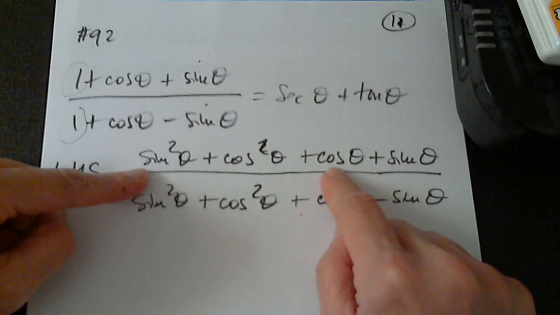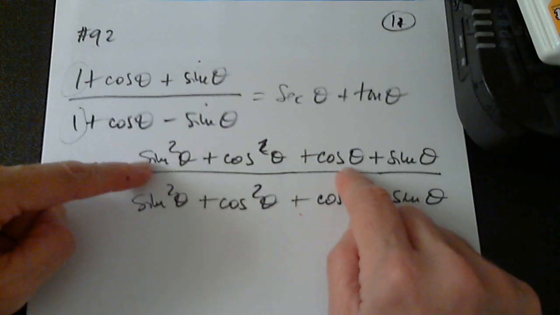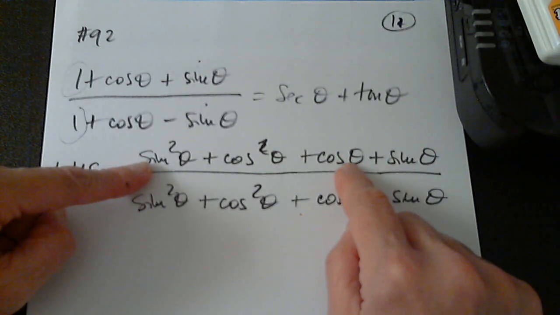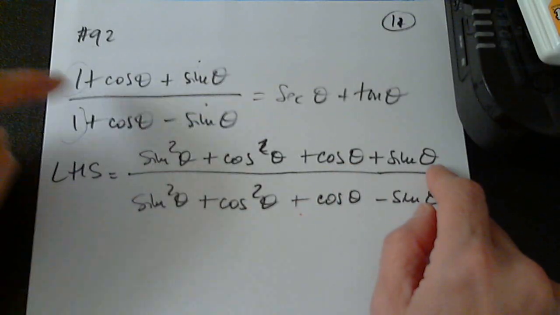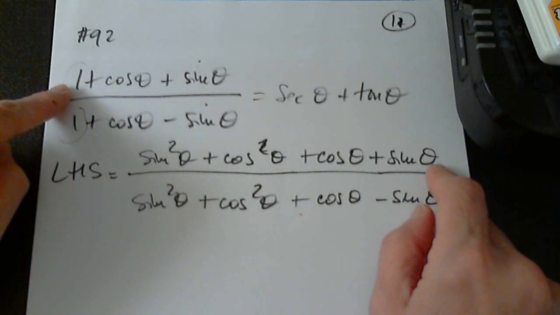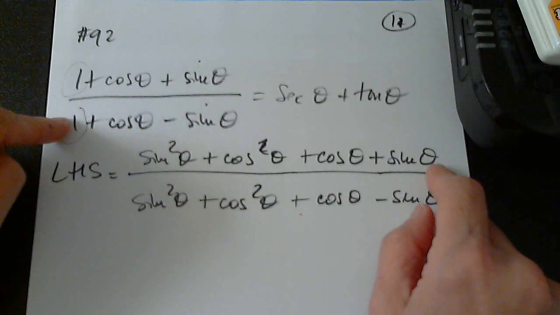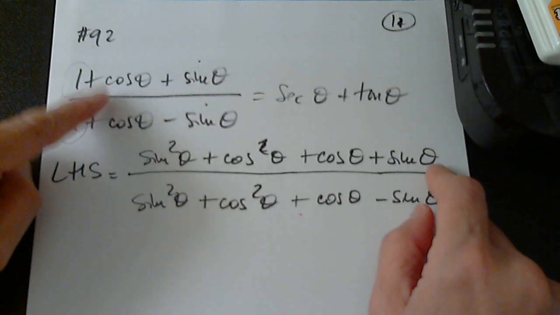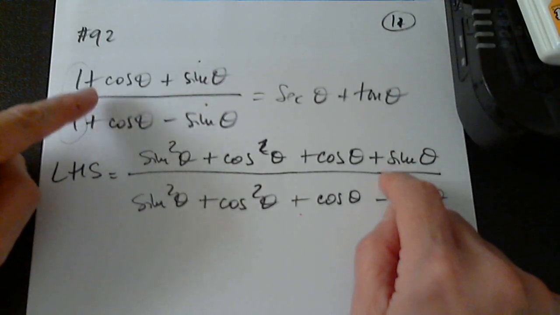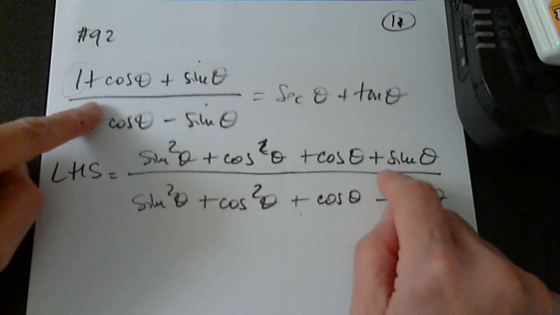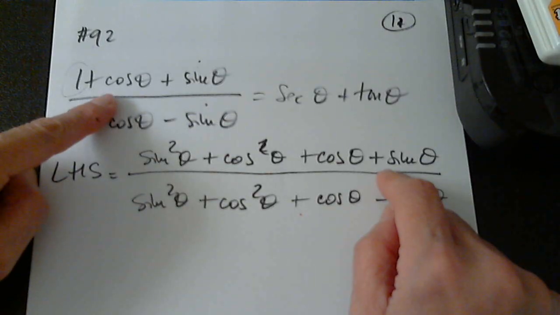If I change this into 1 minus cosine squared, I'm just going around in circles. One plus cosine.